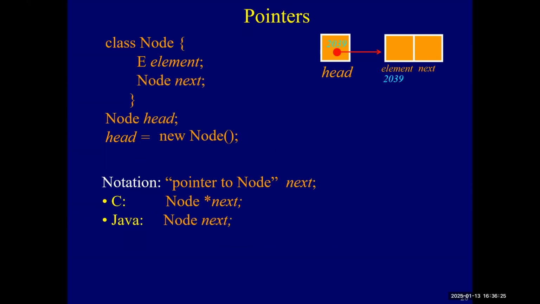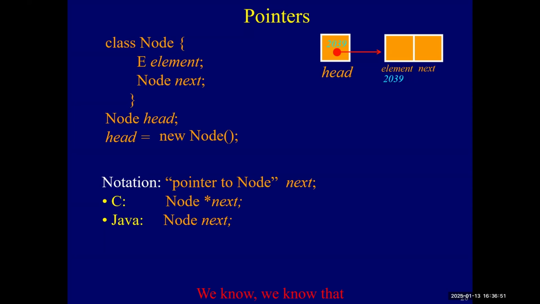All right, Java. As we say, in Java there are no pointers. So you just say node head. If you say int head, then head will be that integer. But if you say node head, you never allocate actual nodes.